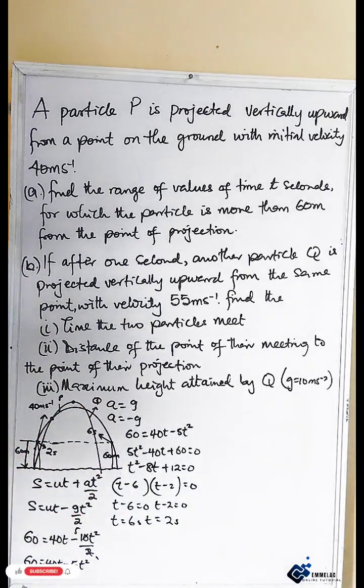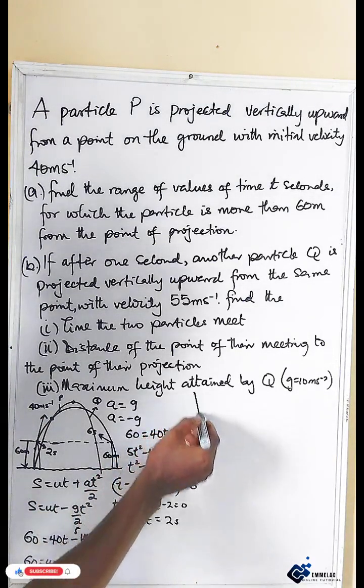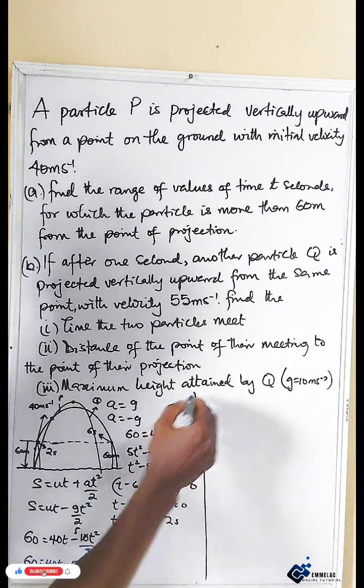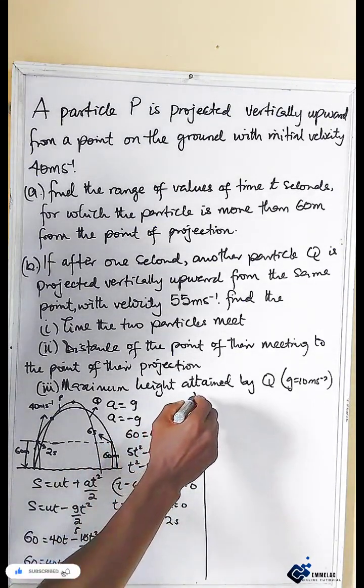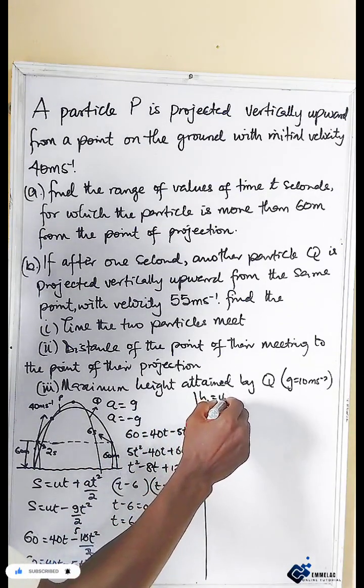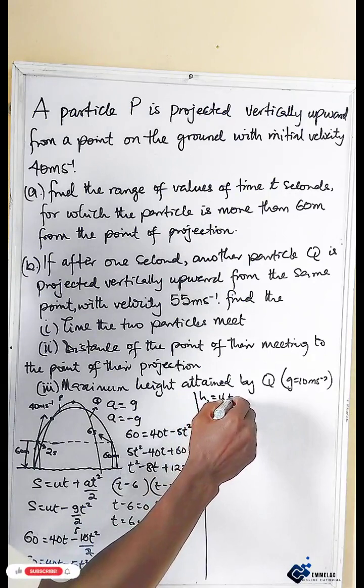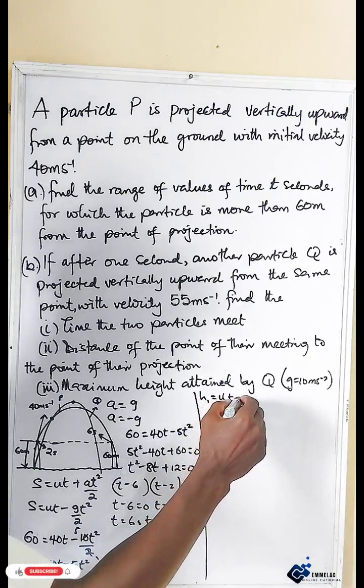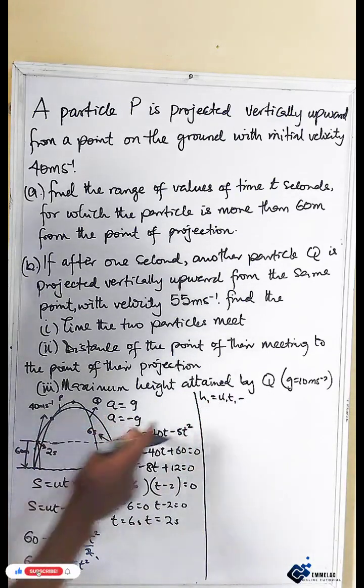Now the question is, at this point where they meet, they will have the same height. So how then do we do this? I'm still using the same equation here. For the first one, P, let us say s1 equals u1 t1 minus g all over 2 t1 squared, since it's also vertical.